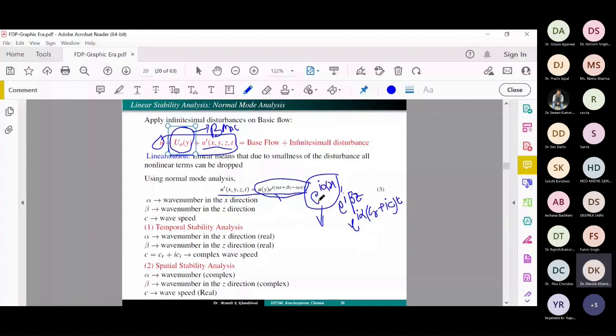This will also be finite. Then iota is multiplied by iota cr, and this term gives two terms: e raised to the power iota alpha cr t and e raised to the power minus alpha ci t, where c is replaced by the complex cr plus iota ci. This is again a finite quantity, but it depends on the sign of ci.